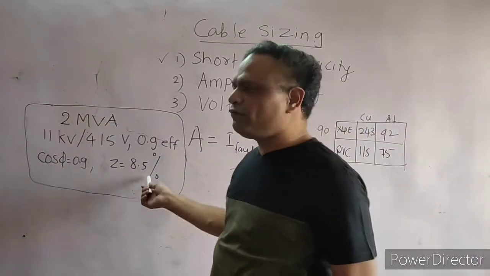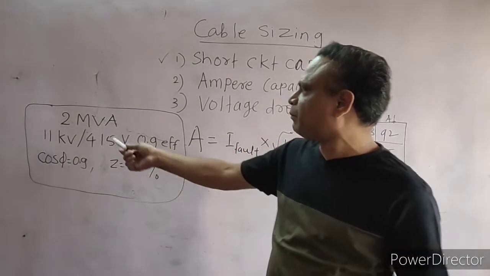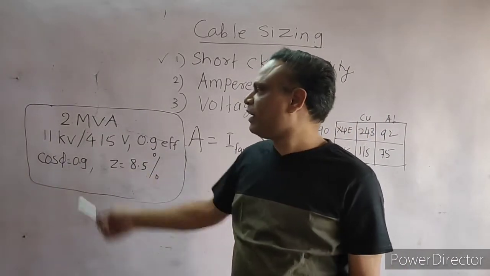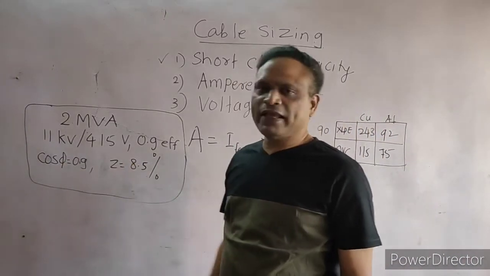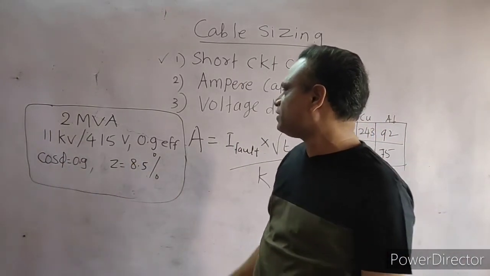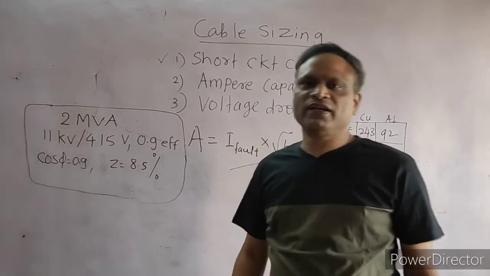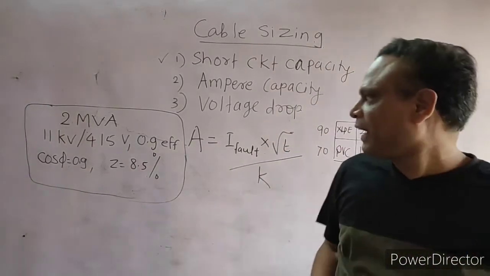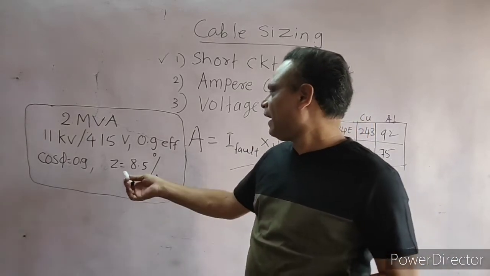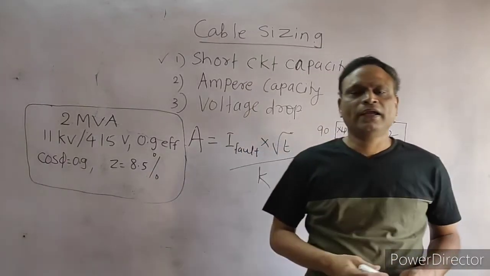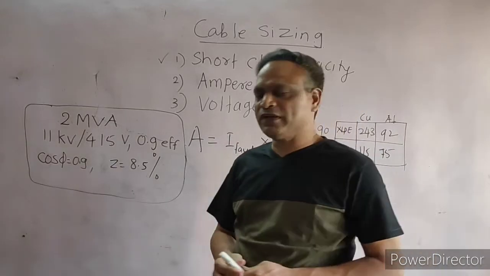For calculating the fault current, let us consider an example of a transformer of 2 MVA rating, and its voltage rating is 11 kV by 415 volts, with 90% efficiency at full load, cos phi as 0.9, and impedance is 8.5%.